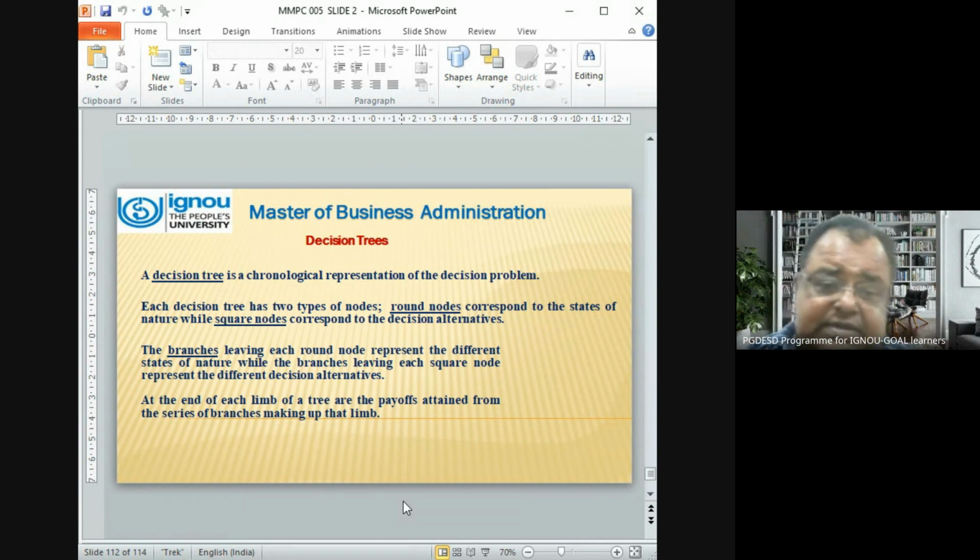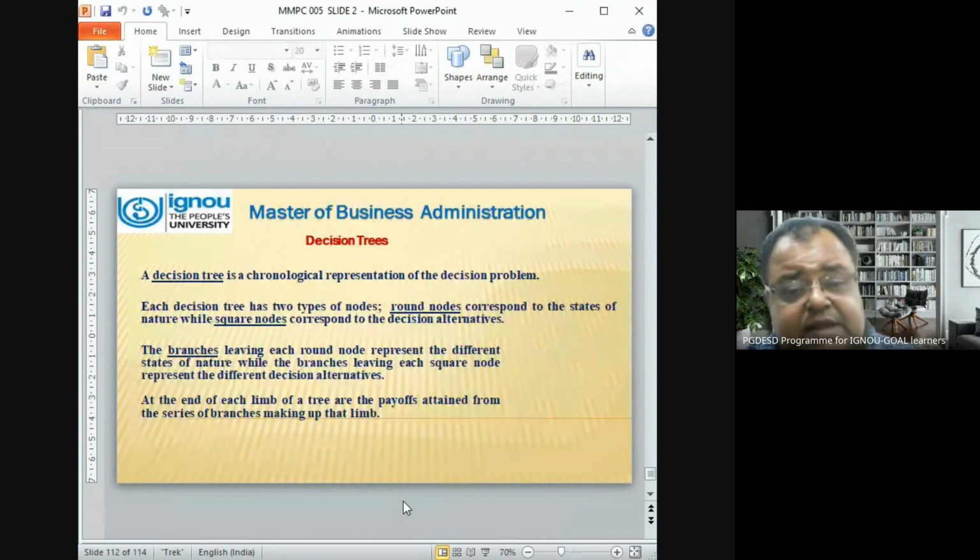The branches leaving each round node represent the different states of nature, while the branches leaving each square node represent the different decision alternatives. At the end of each limb of a tree, there are payoffs attained from the series of branches making up that limb.